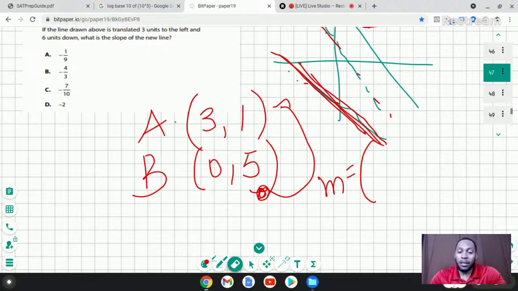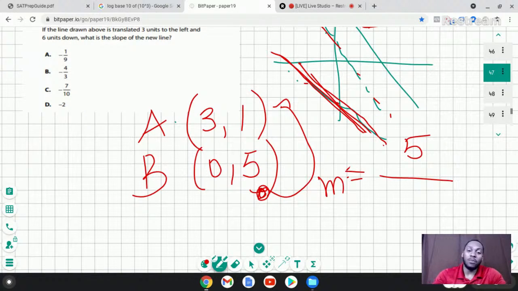That would be the y coordinate of the point B, which is 5, minus the y coordinate of the point A, which is 1, divided by the x coordinate of the point B, which is 0, minus the x coordinate of the point A, which is 3.